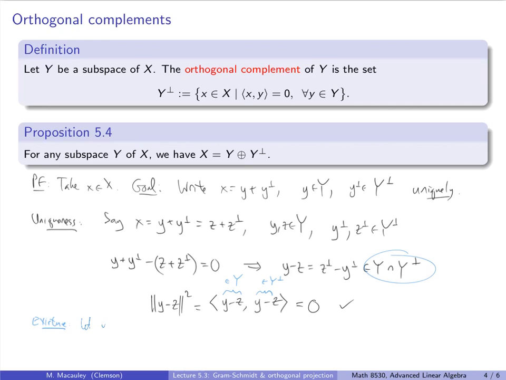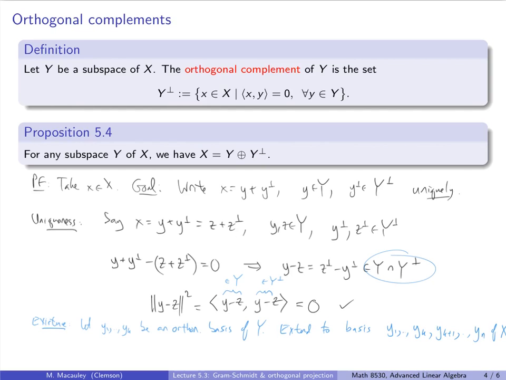So let's let, say, y1 up to yk be an orthonormal basis of Y. Now we can extend this to a basis, say y1 up to yk, yk plus 1 up to yn of X.